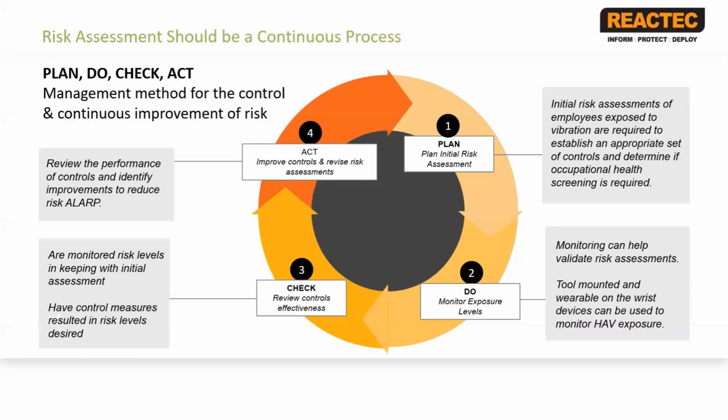And it's only really in reviewing and checking on those controls that you can, in all honesty, say that you are working to reduce that risk as low as reasonably practical. Control measures are certainly important that they're put in place, but also checking that those control measures give you the appropriate output is really the end of the process, or that continuous process to reduce risk as low as reasonably practical.